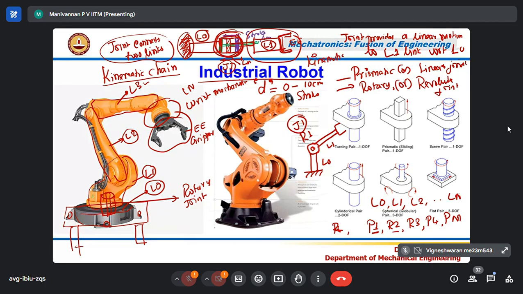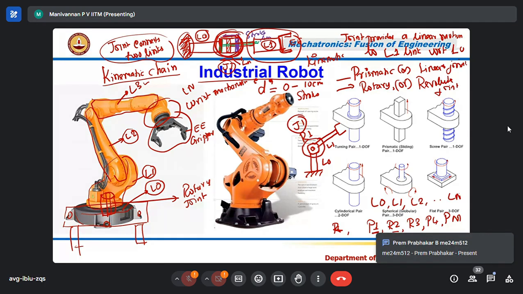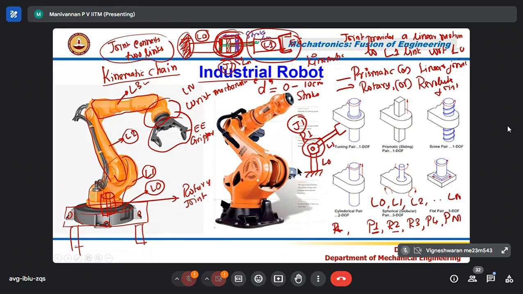Instead of that, I can have a rotary joint. This is the symbol for a rotary joint, and L0 is connected to L1 through it. It can provide only rotary motion, 360-degree rotary motion, which means L1 can rotate 0 to 360 degrees with respect to L0.